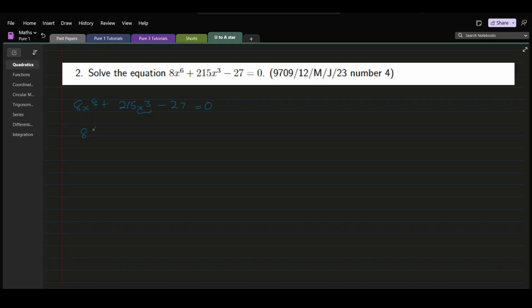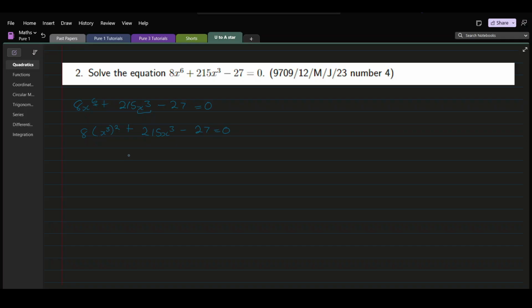So that would be 8, and then you've got your x cubed. Now what power do you have to multiply by to get to 6? We'd have to multiply this by 2, so 2 times 3 would give us 6. Plus 215x cubed minus 27 is equal to 0.